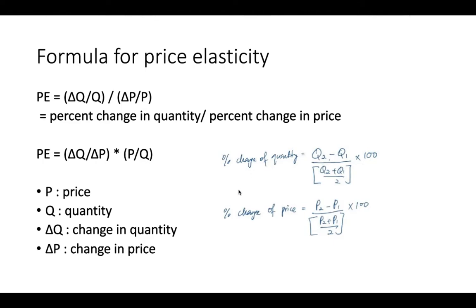And you also need to find out the percent change of price, which is the second price minus the initial price, divided by the second price plus the initial price divided by 2, times 100.